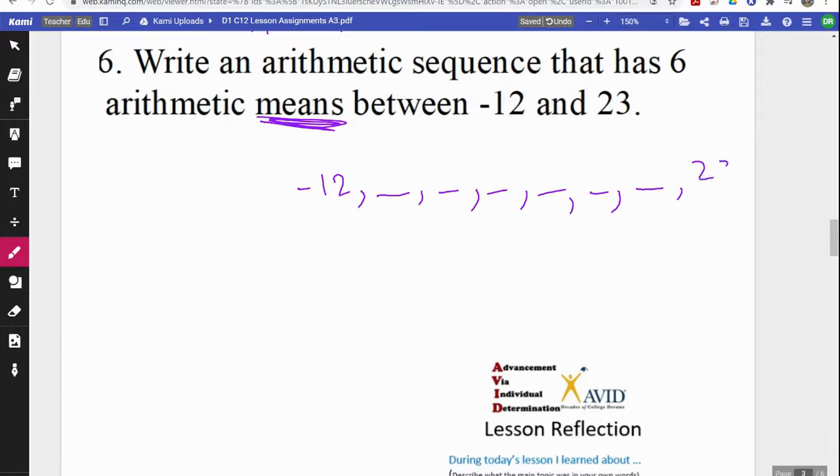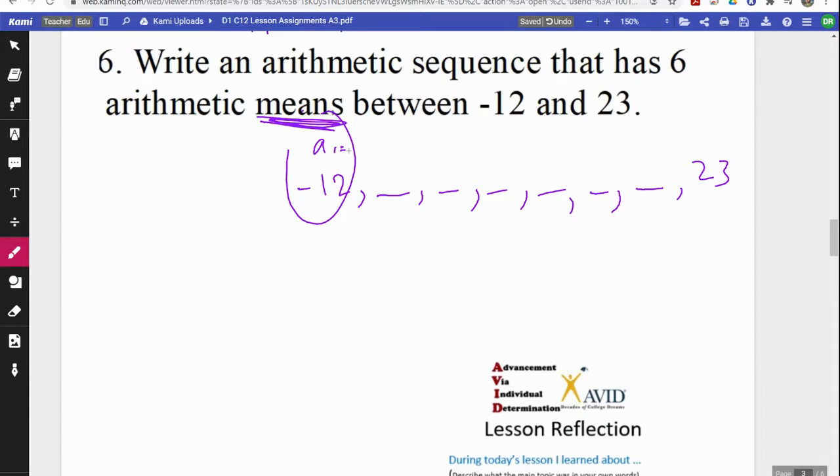And we end up at 23. Since an arithmetic sequence has to follow the same rules throughout, we don't care if it's the first or last term or the middle of the sequence. I can just pretend for a moment that this is a sub 1. If a sub 1 is 12, now we know something.